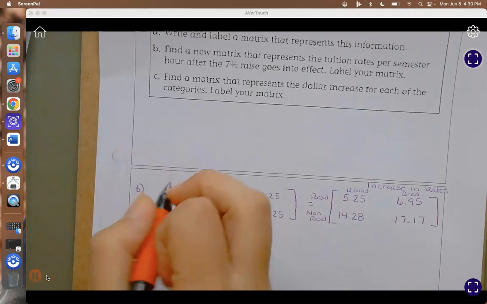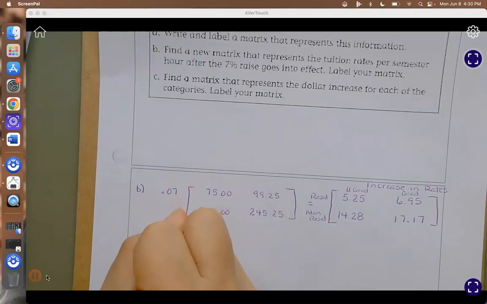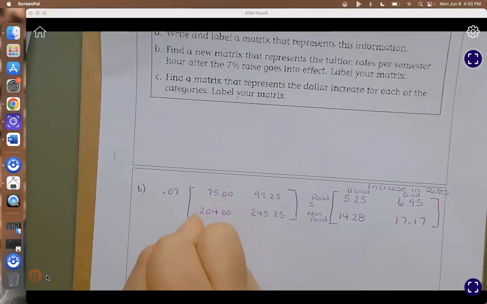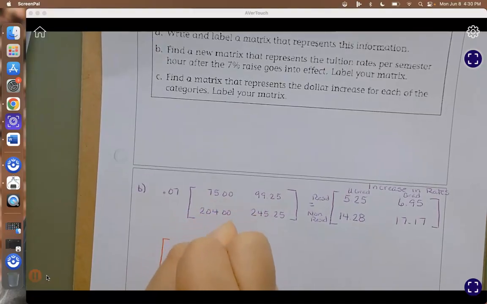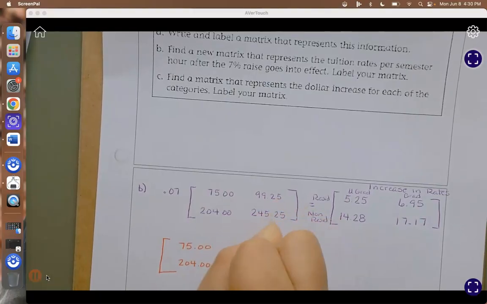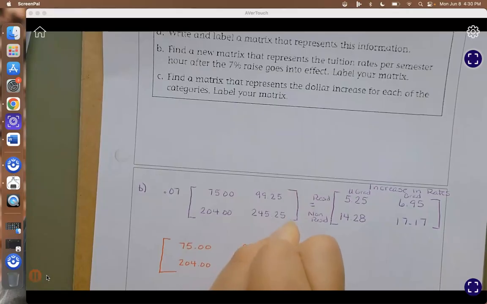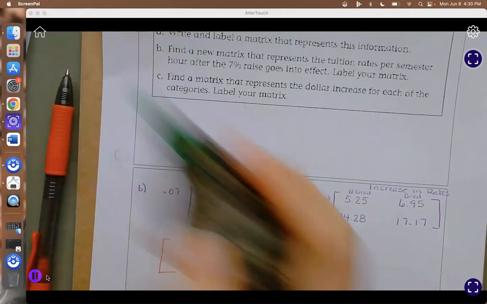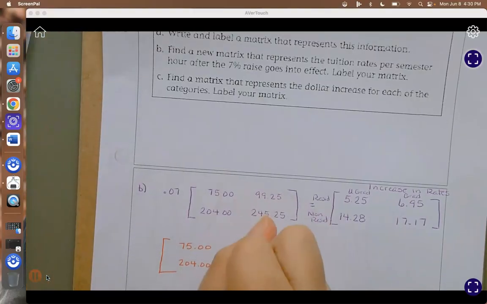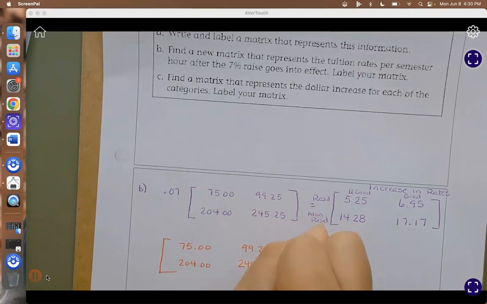So the second part is taking the old tuition and add the increased tuition.